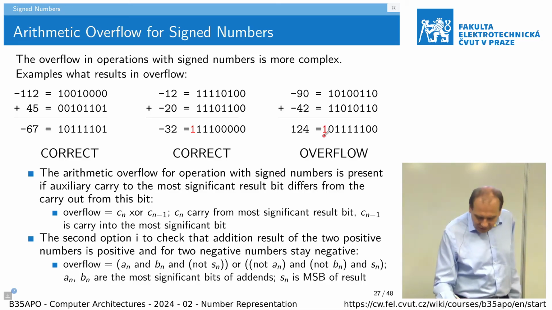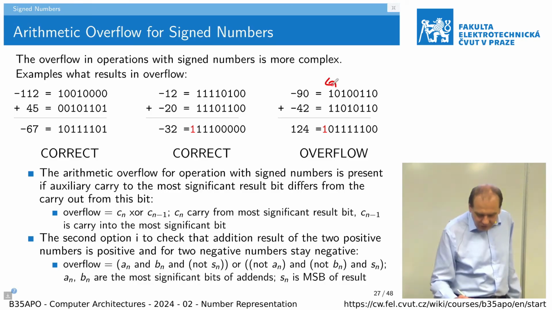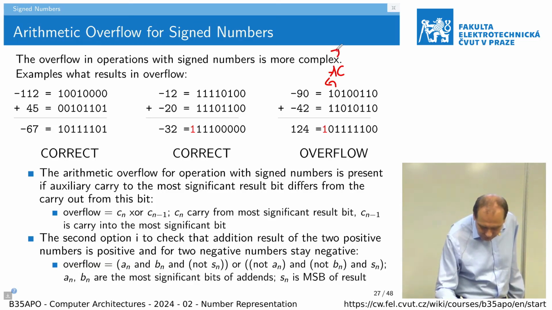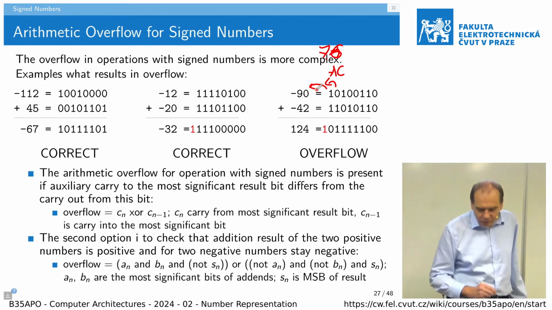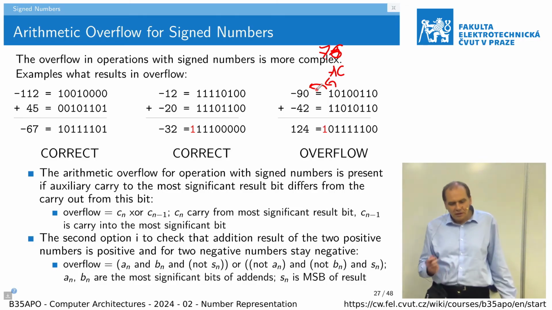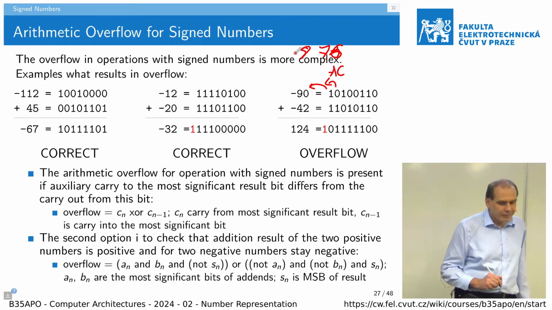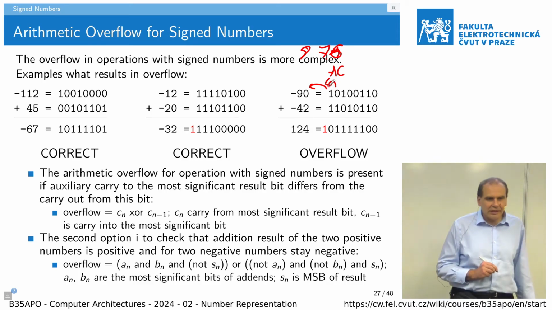In this special case, there is no carry from bit number 6 to bit number 7, the so-called auxiliary carry, but there is a carry from bit number 7 to the modulo-representing bit 8. So if those two carry signals are different, then we know that there is an overflow.